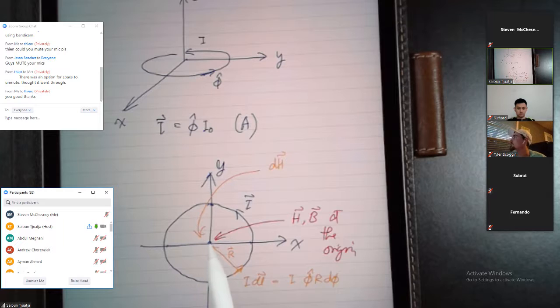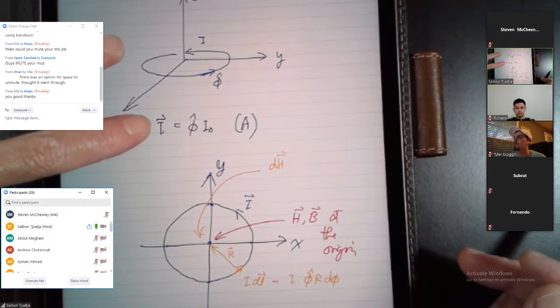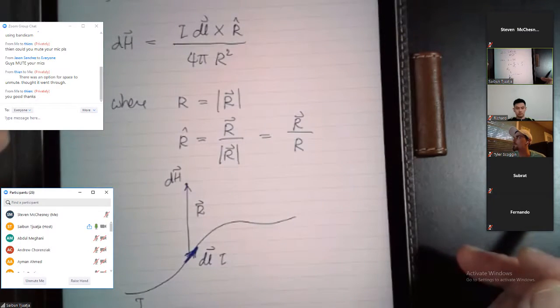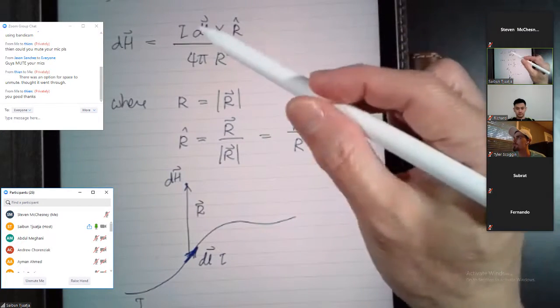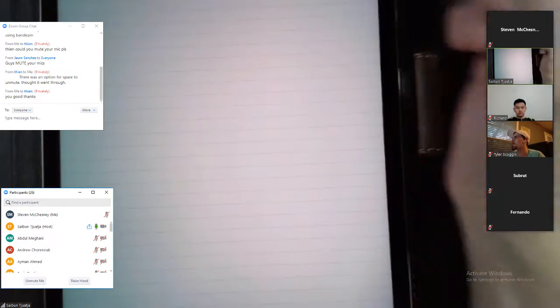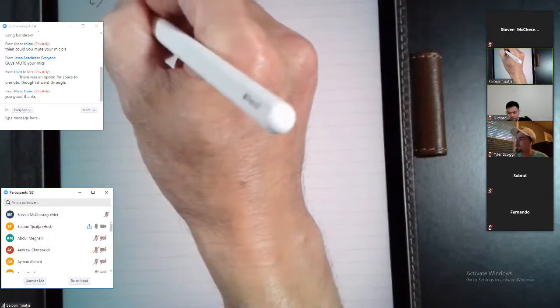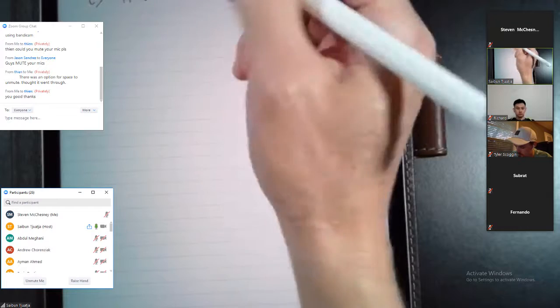Now the current goes through the entire loop, so what is the total contribution? I simply sum up every one of them across this circle. Does it make sense? Everybody follow that? So here's the Biot-Savart law, I dl is this, and what I have to do next is simply part A, the magnetic field at the origin.